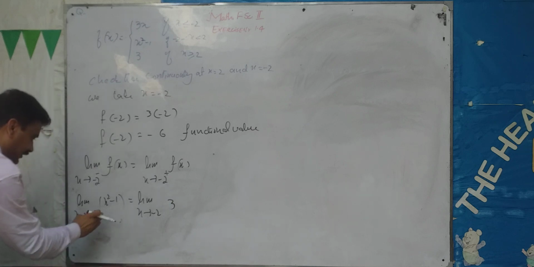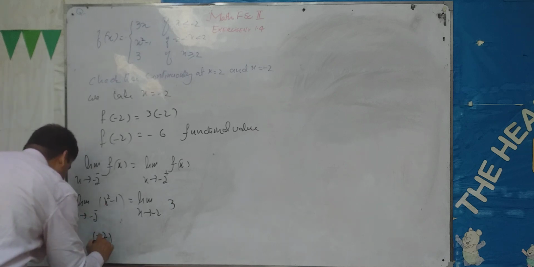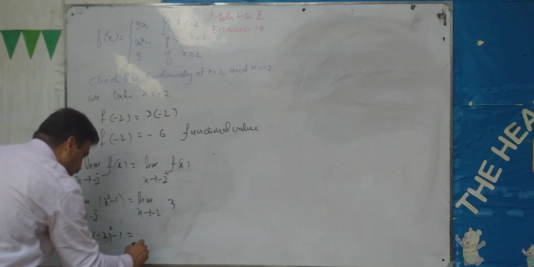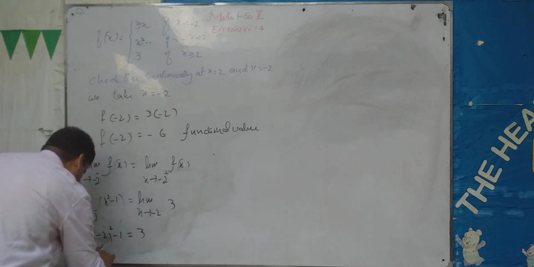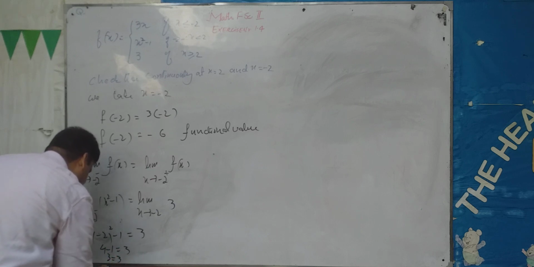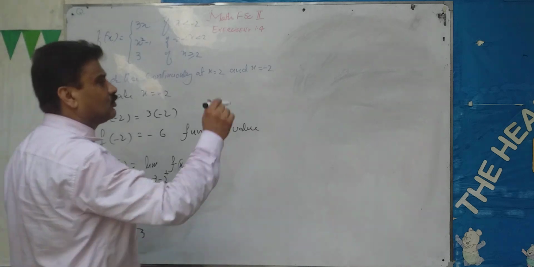We now replace x equal to minus 2, square of minus 2, minus 1, and the limit of any constant is the constant itself, 3. 4 minus 1 is equal to 3 and 3 is equal to 3. It means the limit exists. Left hand limit is equal to right hand limit.